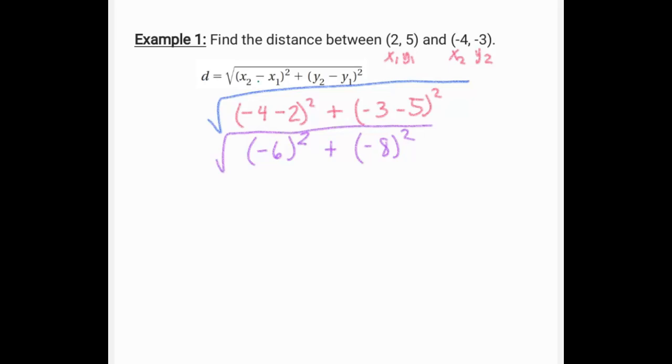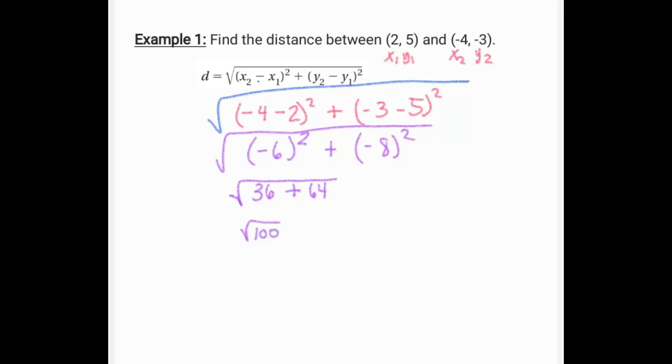Now let's do the exponents. -6 squared is -6 times -6, which gives us a positive 36, plus -8 squared, which is -8 times -8, and that gives us a positive 64, still under the square root sign. Now we add those together, giving us the square root of 100.